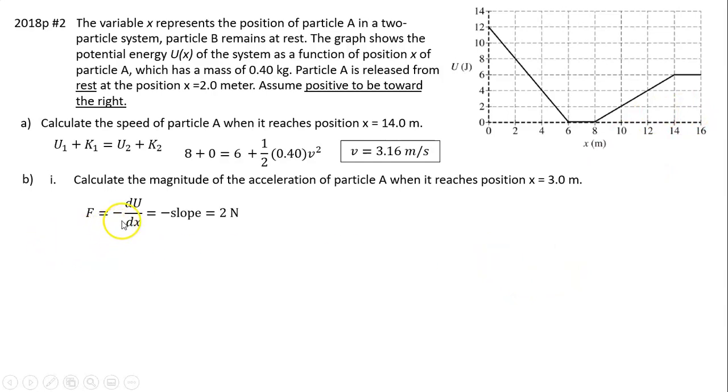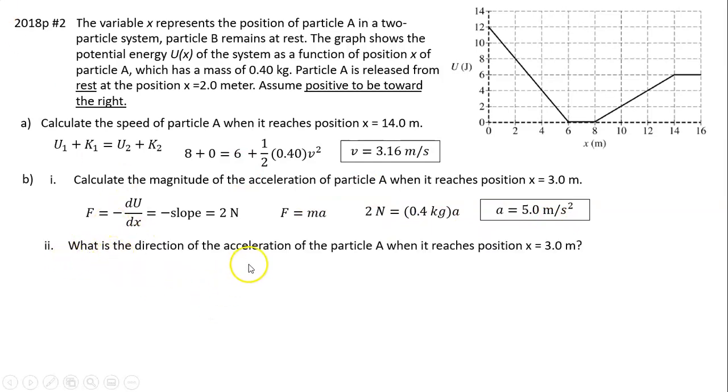Force is the negative slope, because force equals negative dU/dx, and dU/dx is the slope. What is the slope? Slope is 12 divided by 6, negative 2. So the force is 2. F also equals ma. We know m is 0.4. So we can find a, which is 5 meters per second squared.